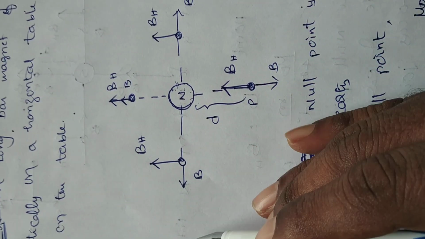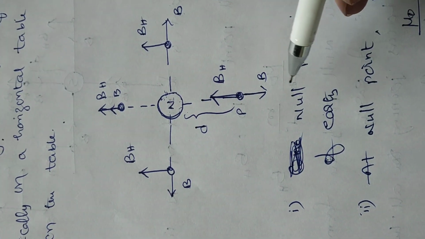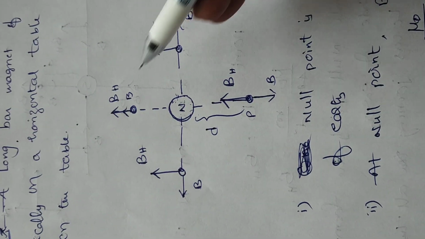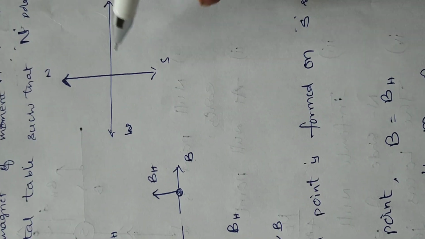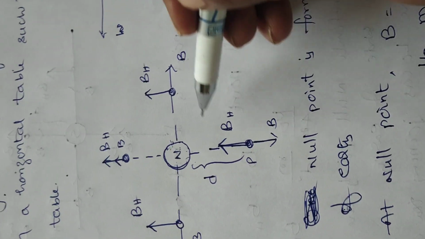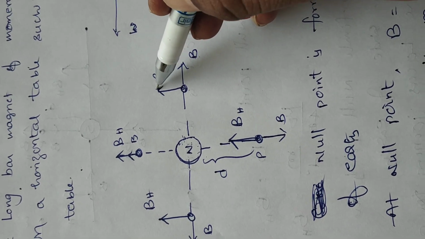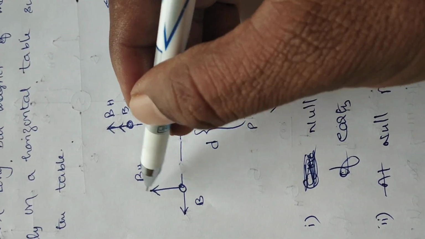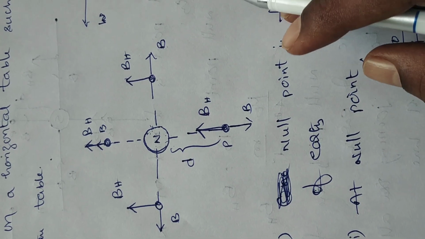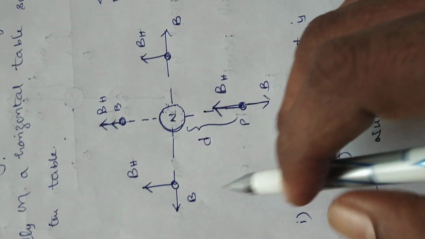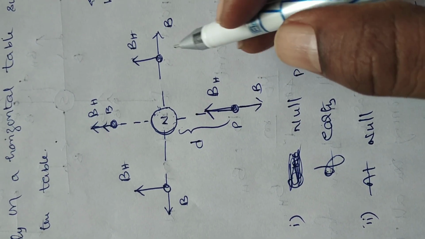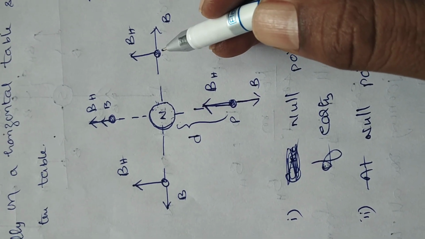Here also B is directed away from it. At all these points, BH, the horizontal component of Earth's magnetic induction, is always taken from south to north. It is BH. By observing all these four points, at what point are B and BH opposite?